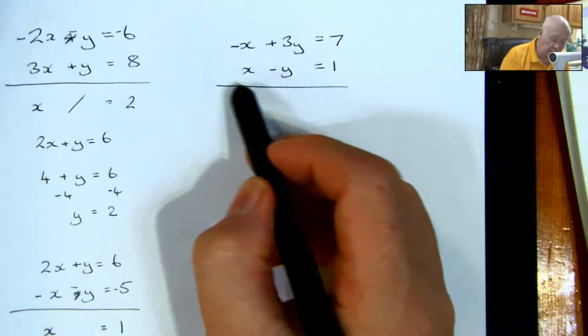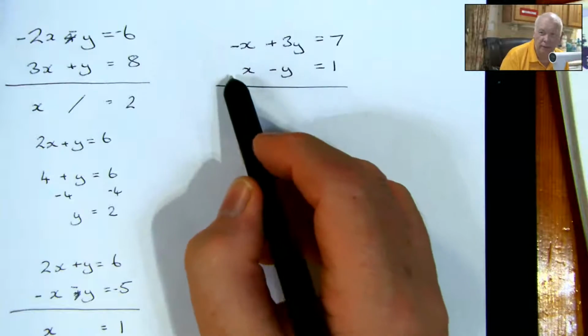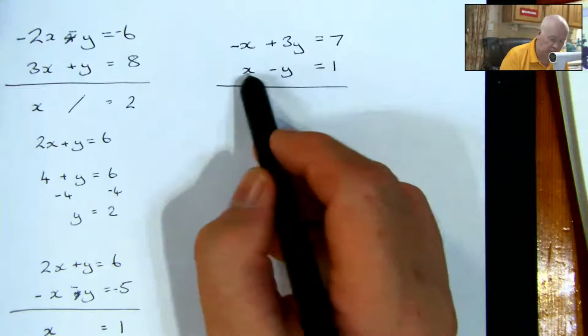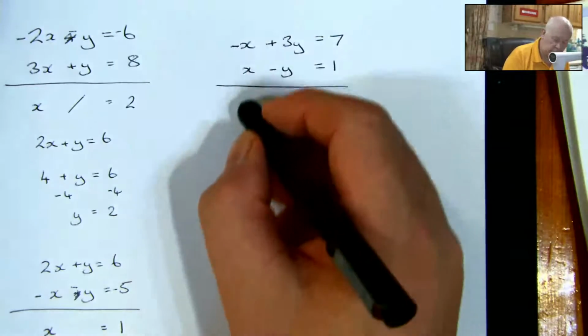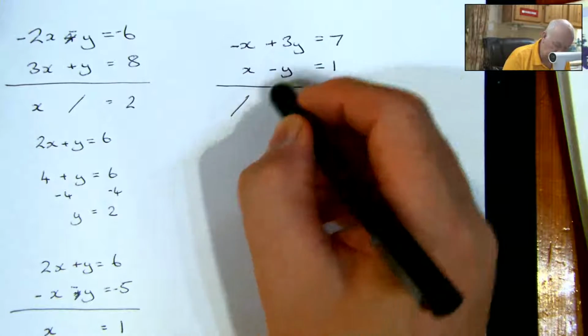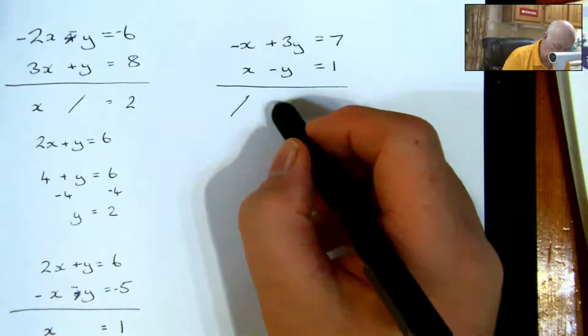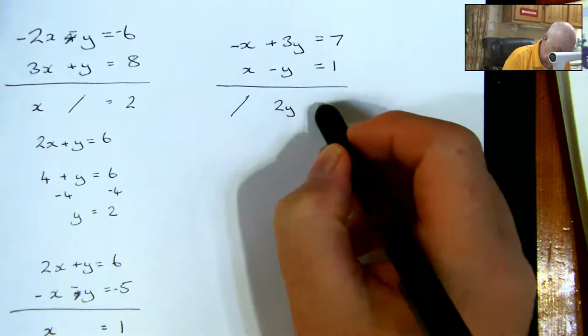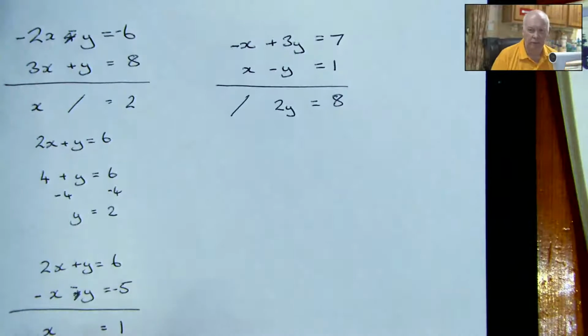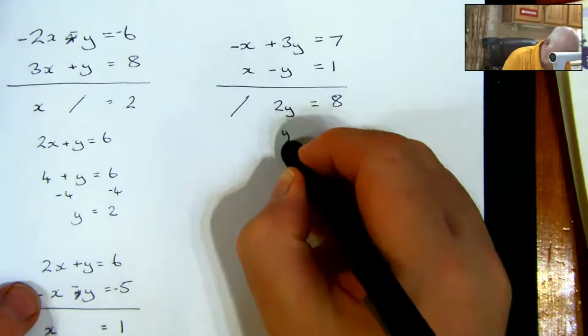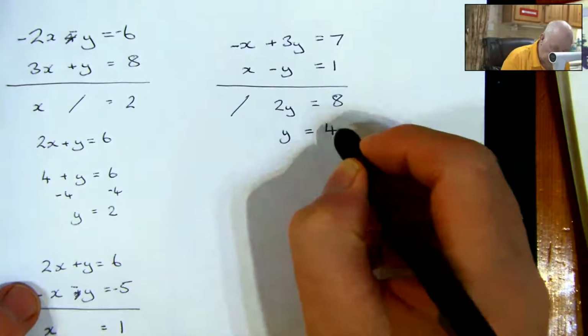The signs mean that I can eliminate these just by simply adding. So x minus x is going to disappear. 3y minus a y is going to give me 2y, and we can add the 7 and 1 and make it 8. So therefore y is going to equal 4.